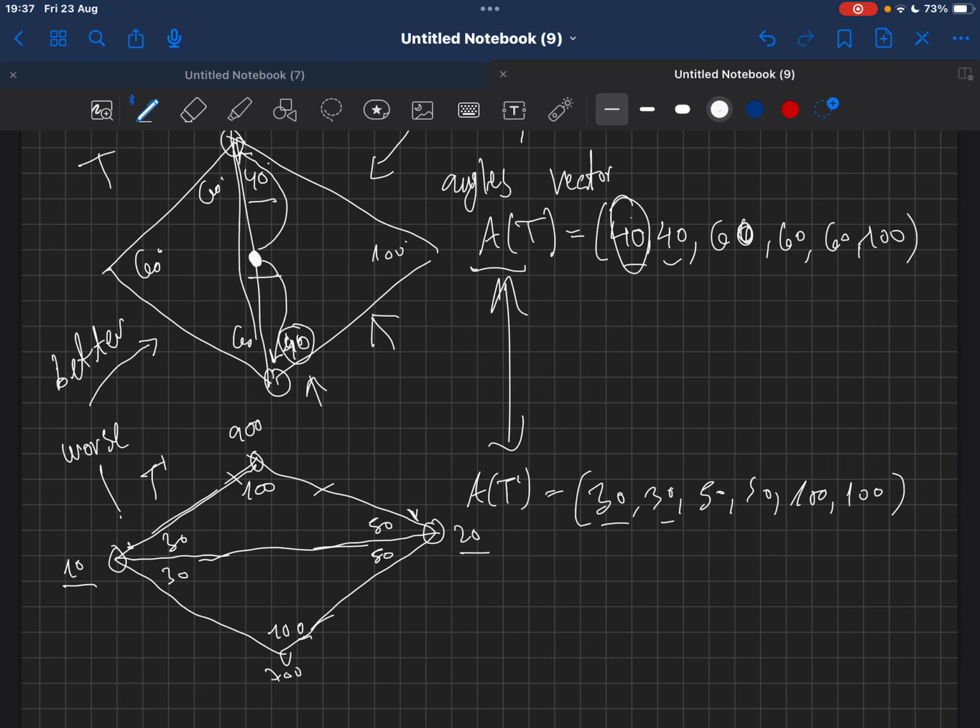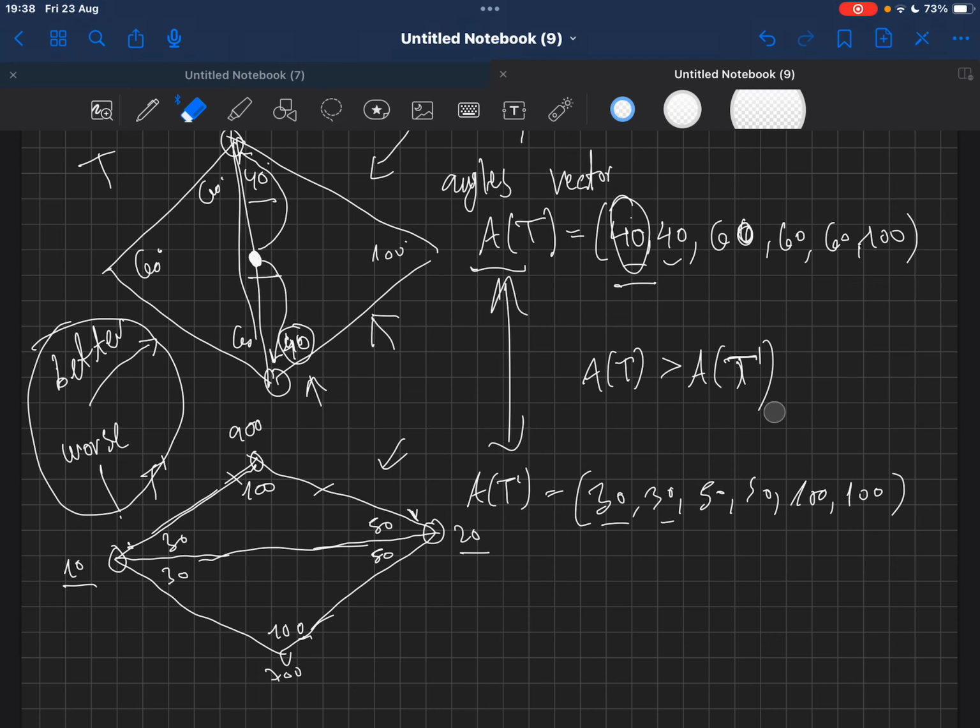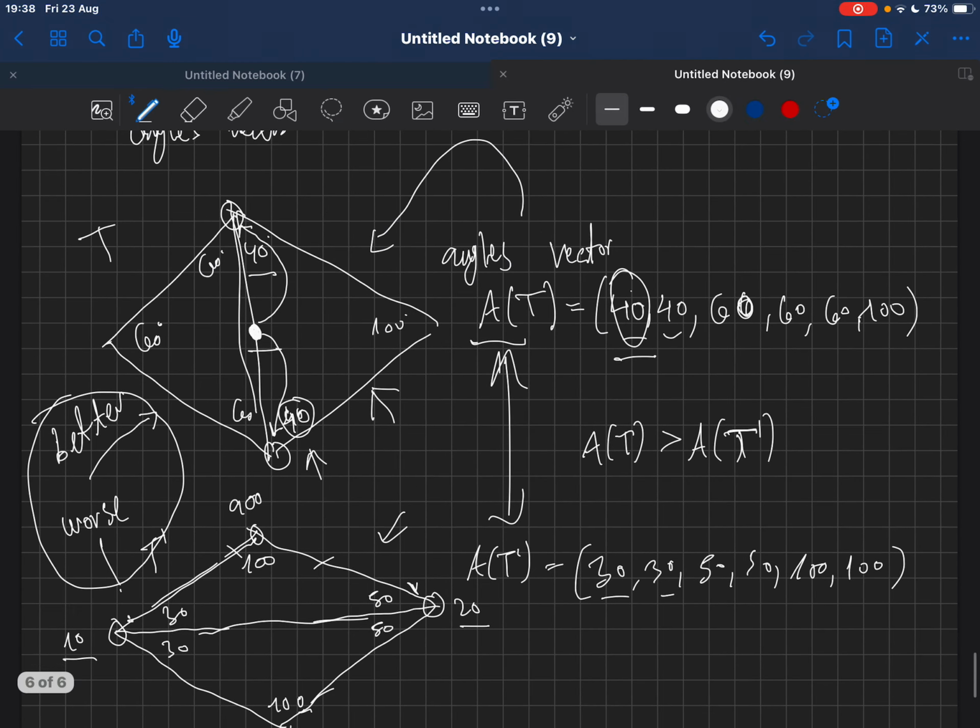Even though here this is smaller than that, I don't care. I look only at the first angle which is different between the two, starting from the lower ones. So I can say that this triangulation has a better angle vector than the angle vector of this triangulation. And as I said, the one with the better angle vector is considered a better triangulation.